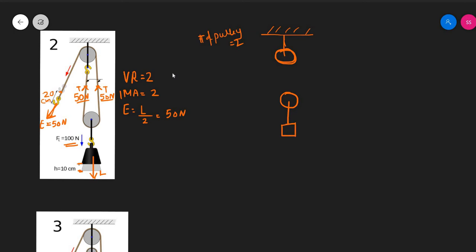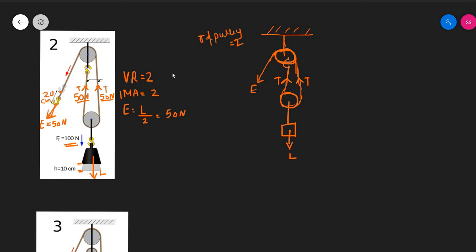It's very important that you start drawing the block and tackle system from your effort side, so that you know how to wind the rope, and finally where to attach it. This is one of the most critical things of drawing a block and tackle system. And finally, you have to be able to mark your load, tension and effort, etc.